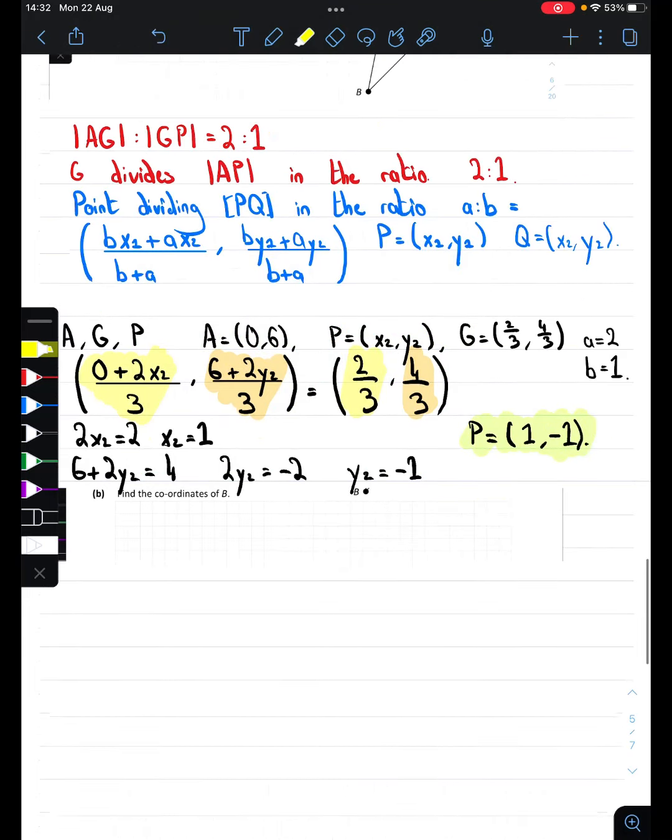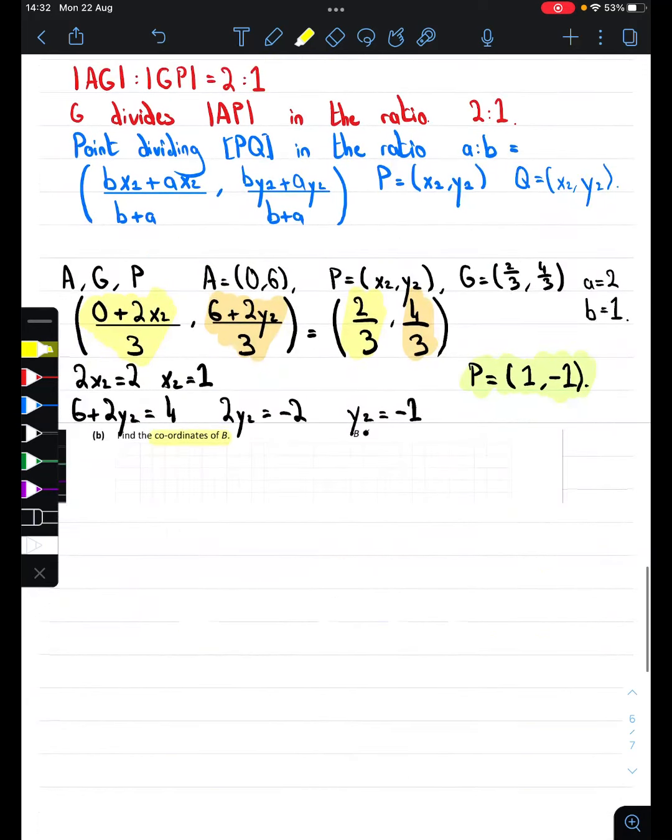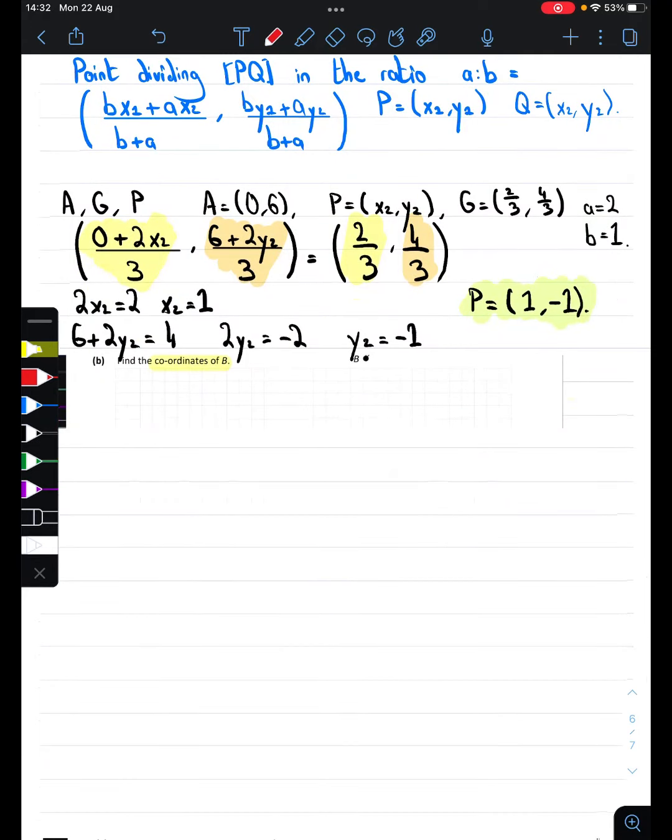Okay, so now we want to find the coordinates of B. So what is B? Well, we know that the centroid of ABC, this triangle, is G, which is (2/3, 4/3).